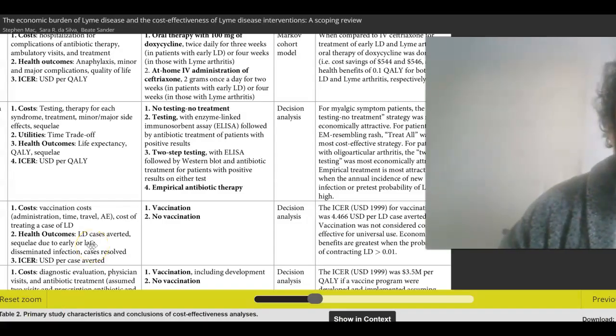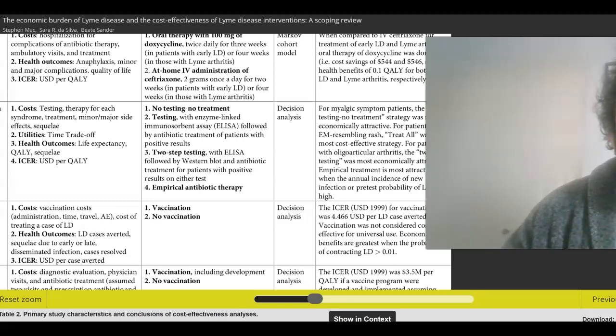If we're looking at some of the costs here: the hospitalization for complications of antibiotic therapy, ambulatory visits, and treatment. So that's the cost. Health outcomes could be anaphylactic shock, minor and major complications, and also quality of life. Oral therapy with 100 milligrams of doxycycline, at-home IV administration of ceftriaxone.